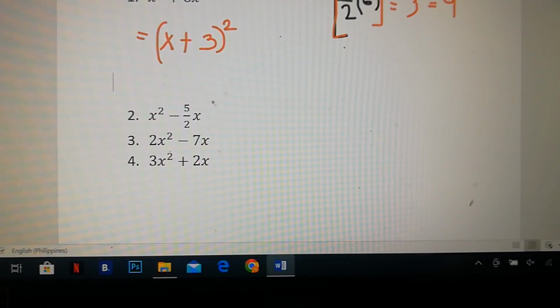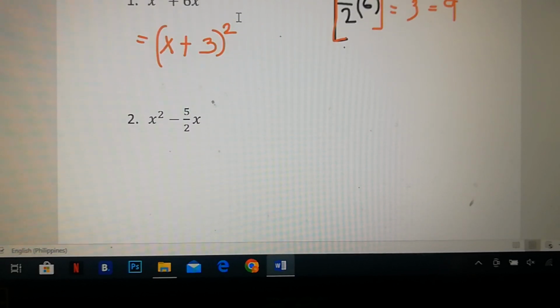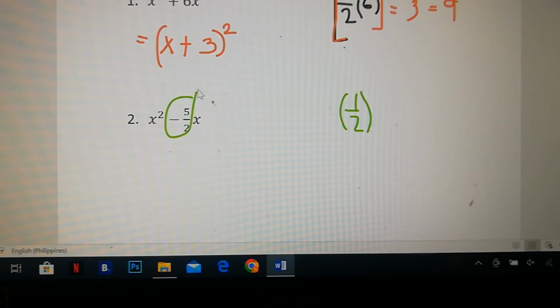Okay, next, number 2. Again, get 1/2 of the coefficient of your linear term, which is negative 5 over 2.